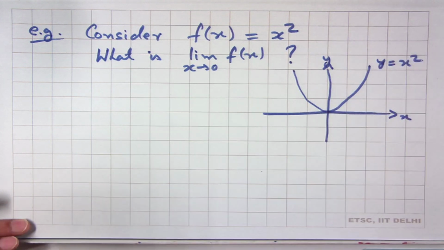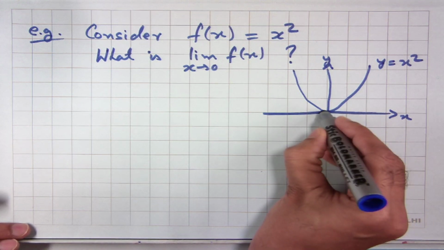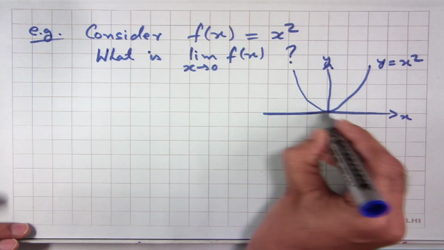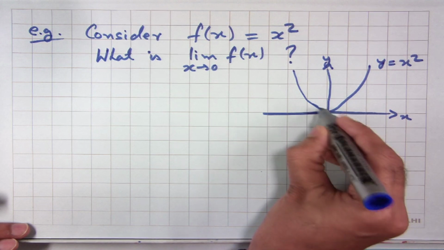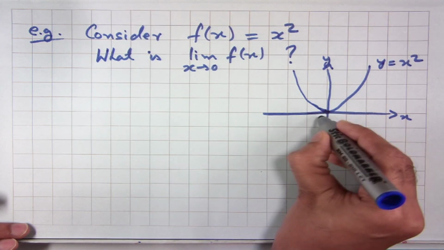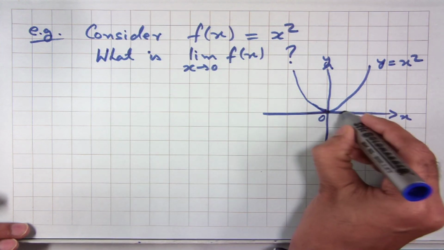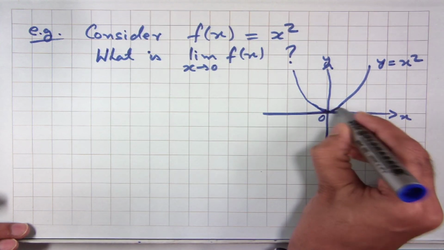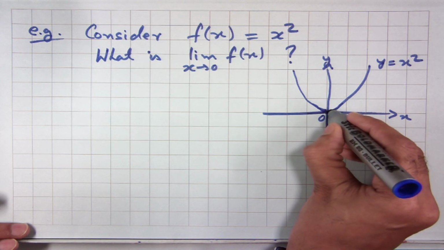So, here if you see the left hand limit, if you approach this function from the left side, then it is approaching this point which is 0, and from the right again if you approach, then this is becoming closer and closer to 0.